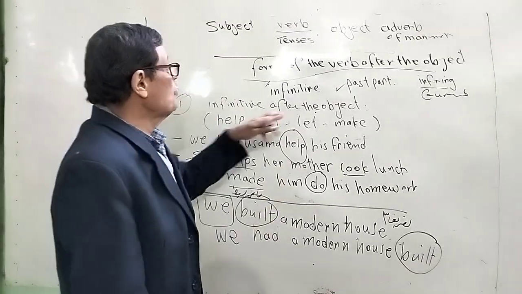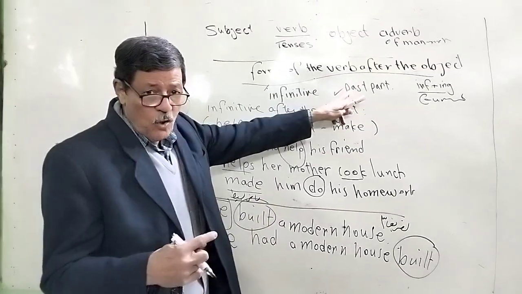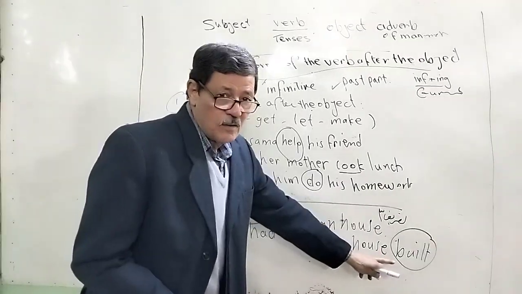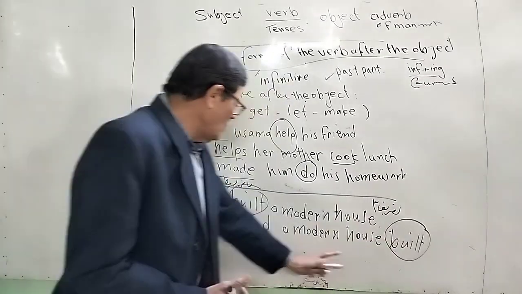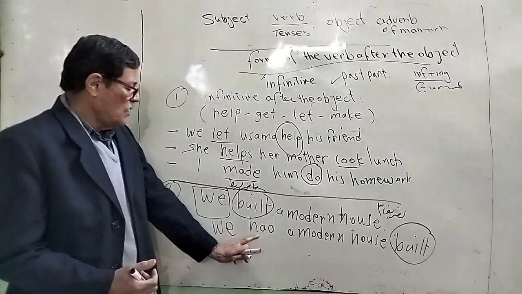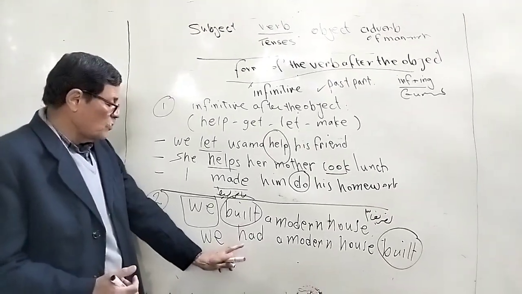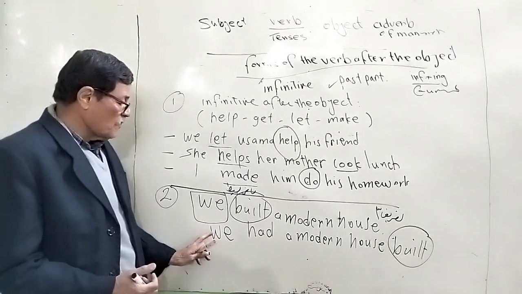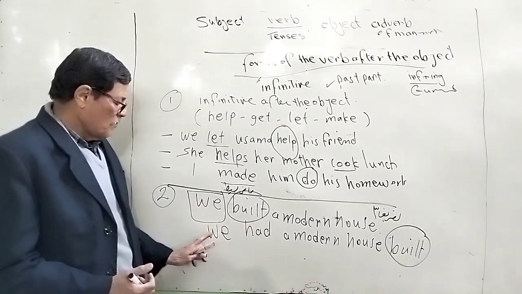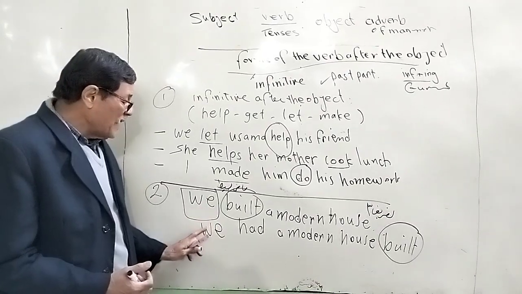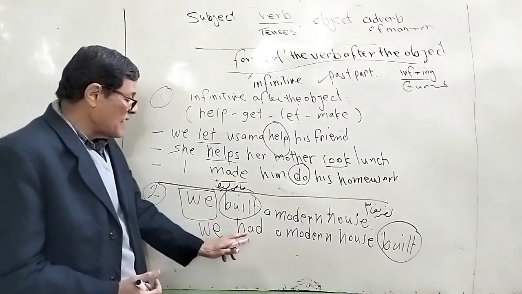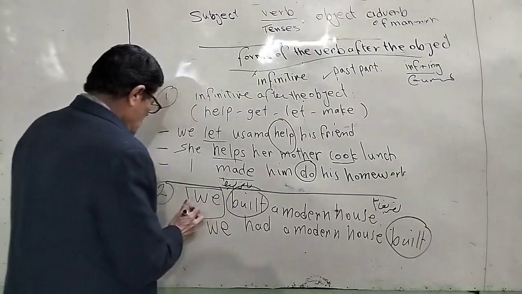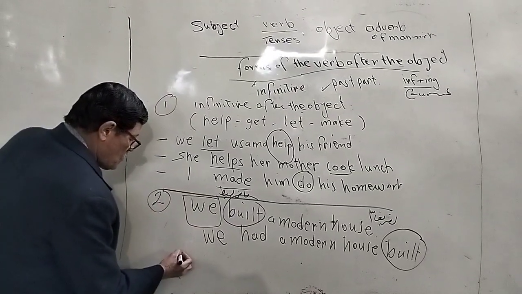So the second form after the object for the verb is the past participle, because we find the verb to have in the sentence and the subject of the sentence didn't perform the action itself, but another one.